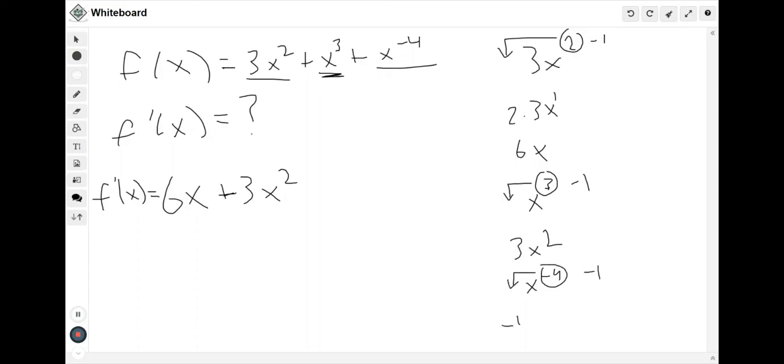So we have negative 4x to the negative fifth power, and we add that here. So our derivative is 6x plus 3x squared minus 4x to the negative fifth.